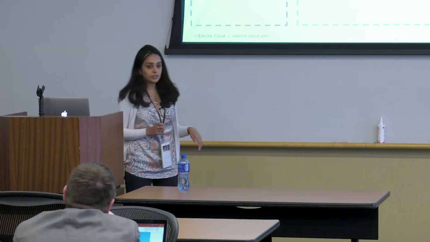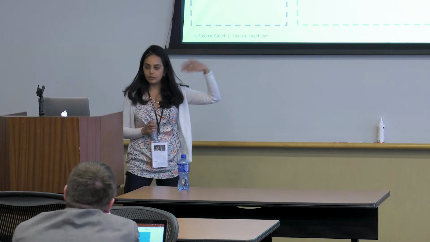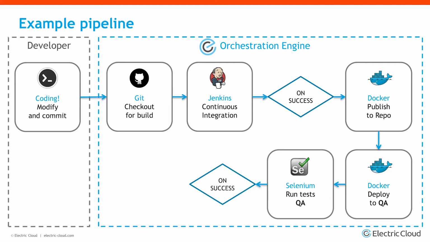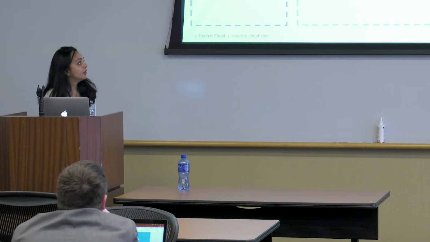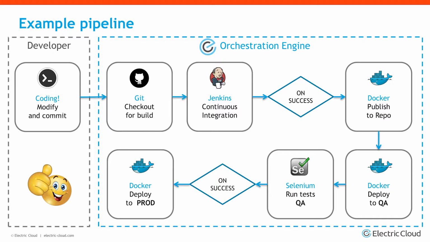I'm using Jenkins for running my build, so I'll run my job in Jenkins to do my build. Then on success, the application is packaged as a Docker image, so I'll publish to the Docker repository, deploy to my QA environment, run some Selenium tests, look at the results of those tests, and based on that, push into production. And then you'll see that we have that happy, smiling, thumbs up guy.